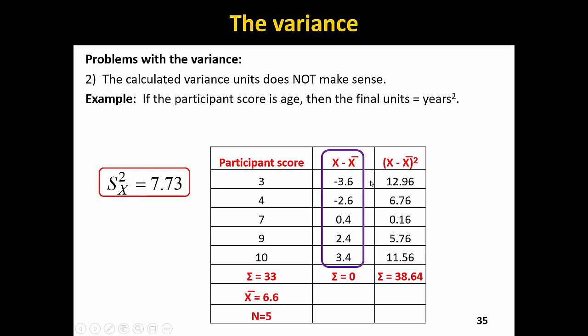But when we square that term, we not only multiply the number by itself, we also multiply the units by itself. And so the units in the far right-hand column and the units for the 7.73, if this was a measure of age, would be years squared. So this makes no sense in terms of our research question.